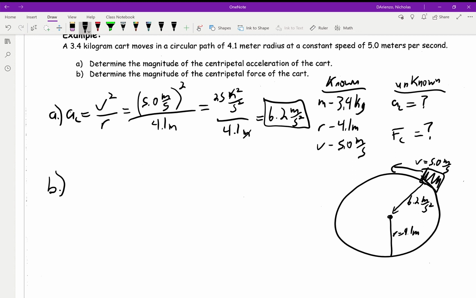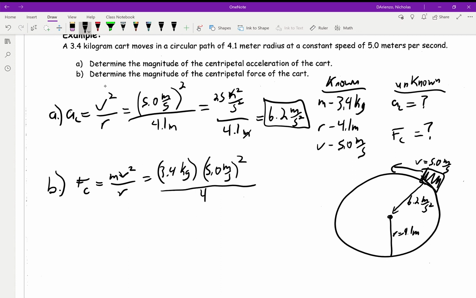So to find the centripetal force, or F sub c, we know that we need the mass times the velocity squared divided by the radius. We know the mass of the cart is 3.4 kilograms. Remember, force is affected by the mass of the object times the velocity squared divided by our radius.